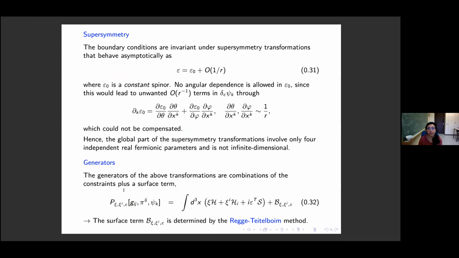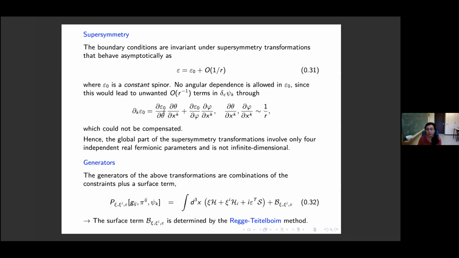And now supersymmetry. The boundary conditions are invariant under supersymmetry transformations that behave asymptotically as what I just discussed. The leading order of the supersymmetry transformation is order 1, and not only order 1, it's a constant spinor. There is no angular dependence allowed in epsilon 0, since this would lead to an unwanted order 1 by r term in the variation of the fermion under supersymmetry.